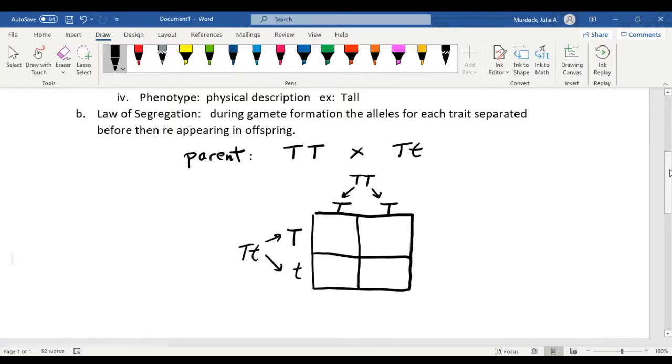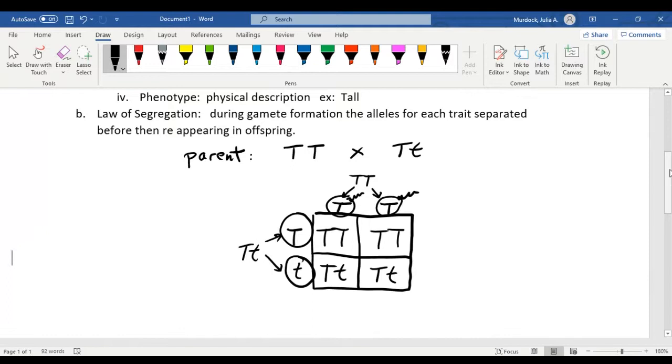Segregation is the separation of alleles before fertilization, right? So, for example, these guys might be in the sperm created by this plant. Yes, plants make sperm. And these guys might be in the eggs created by this other parent plant. Yes, plants make eggs. And then when things are carried through, what's in each of these boxes is the potential offspring from these two parents.